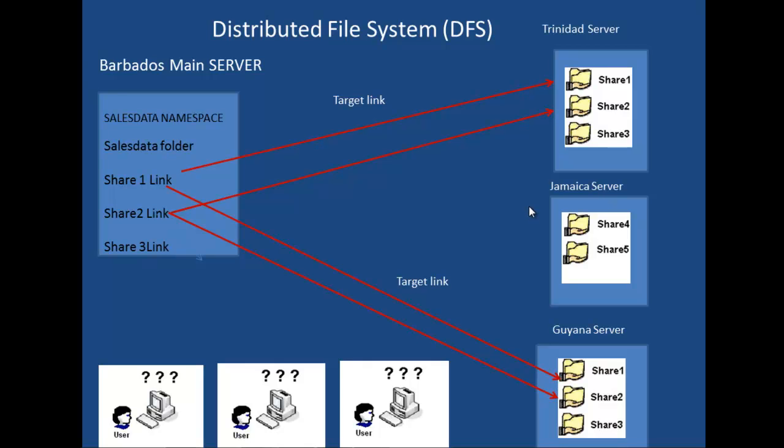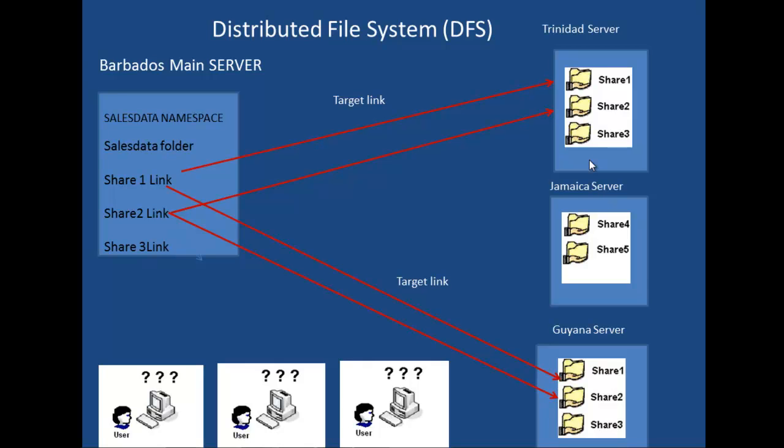Users might be required to remember and locate these numerous shares. They need to know exactly which server a share is on. Even though we can have map drives, it is very difficult to keep track of what shared data is where.